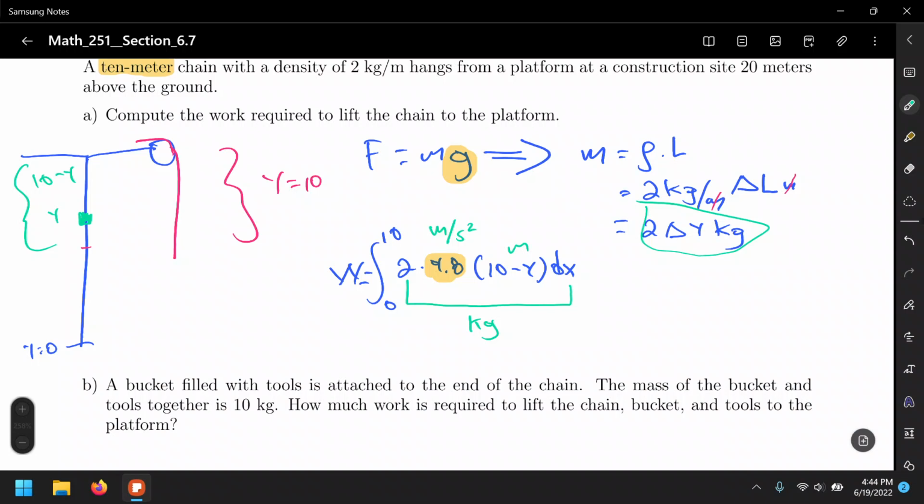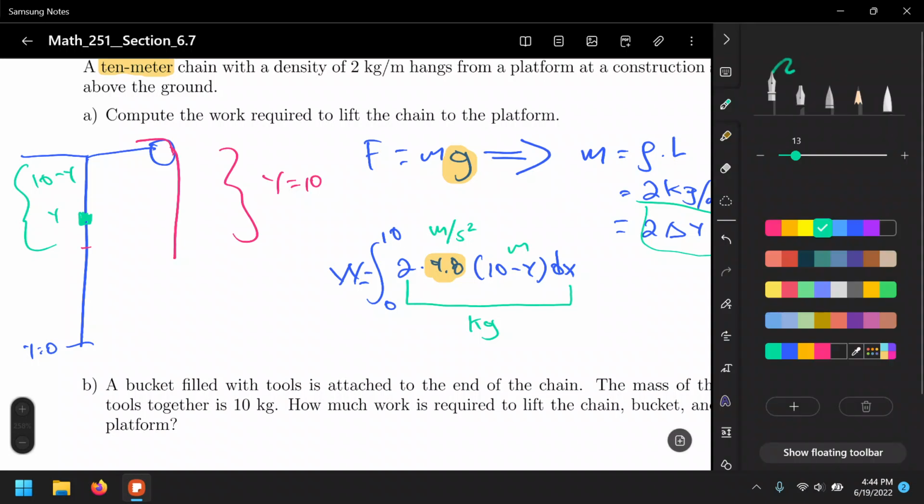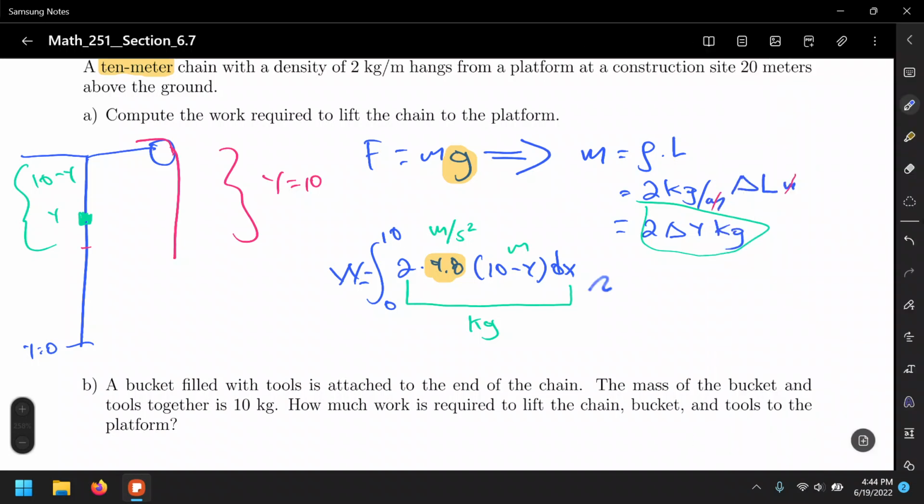Alright, we can compute this integral just using the graphing calculator, and that's fine. The final answer is 980 joules. How do we get those joules?